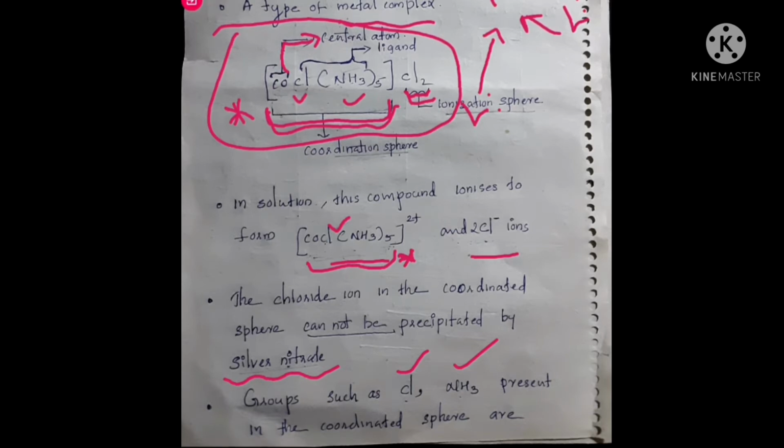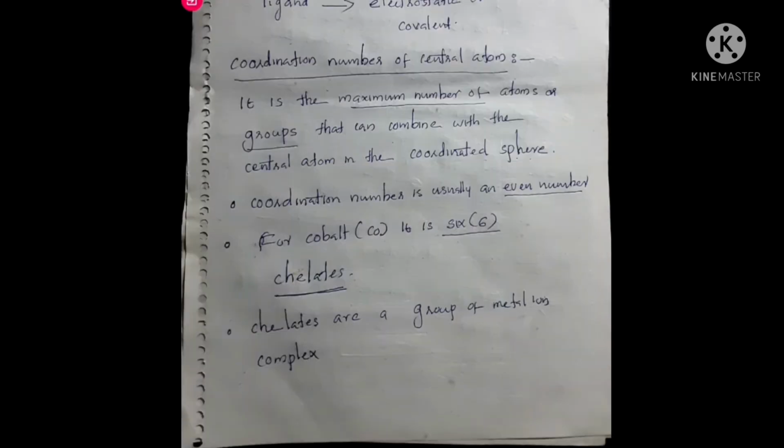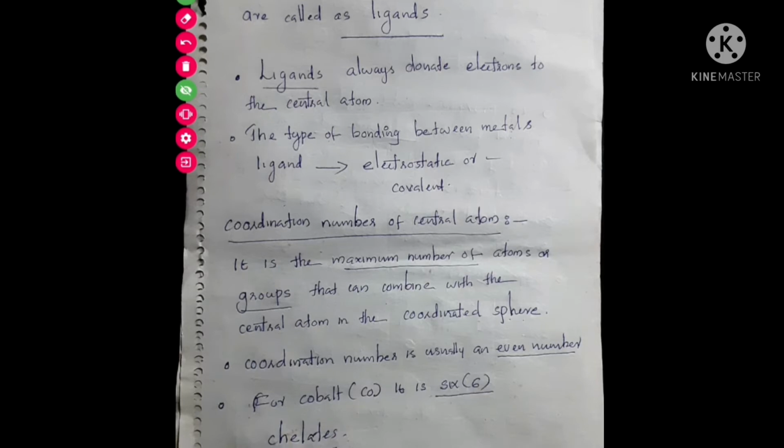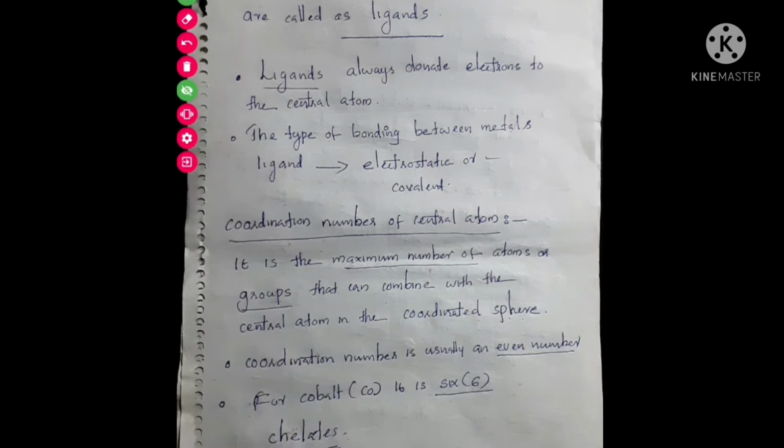These are known as ligands. Ligands always donate electrons to the central atom. Because of this, coordinate bonds are formed between the species, and like that our complex will be formed.